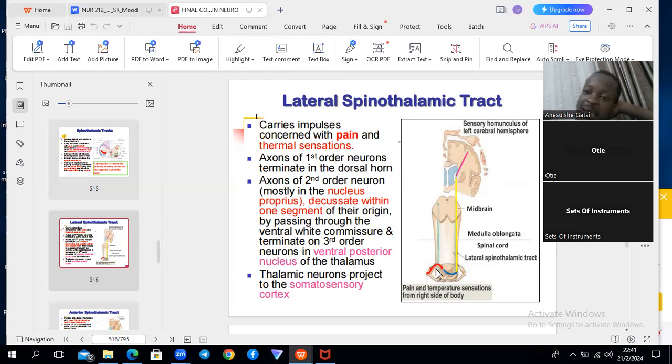And when it does that, it creates something called the dorsolateral tract of Lissauer. Right? But let's not talk about that for now. Let's just say it decussates at the point of entry. But it can either just ascend 1 or 2 segments up, or it can even descend 1 or 2 segments down on the same side before it crosses.